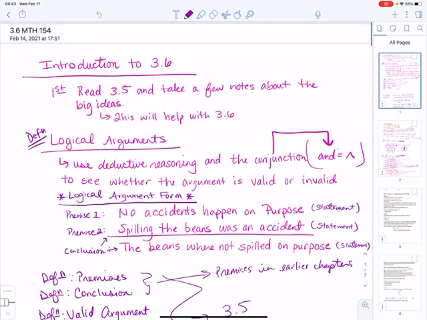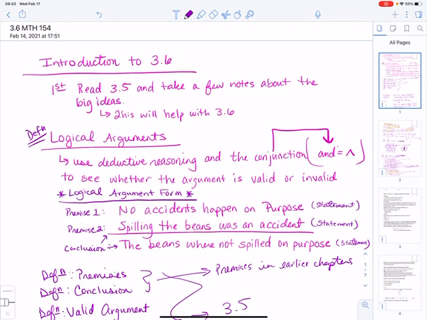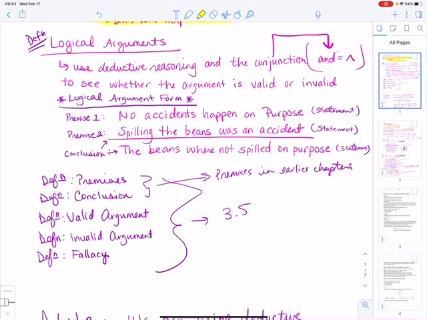We have this big idea about logical arguments, and I really recommend, we didn't go over it, but this would help your reading. This kind of confuses people when we do Euler diagrams with logical arguments first. So I do want you to read 3.5, take notes on the big ideas, especially the premises and conclusions and valid argument definitions.